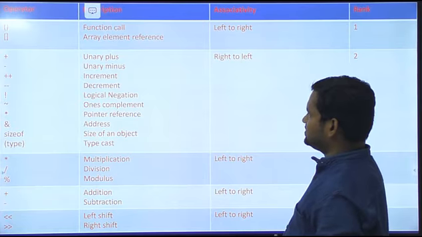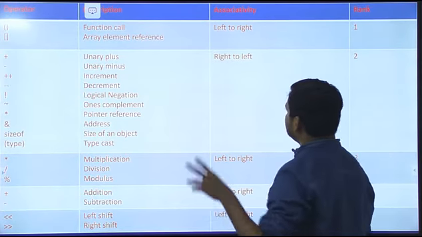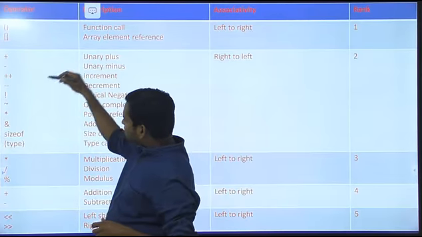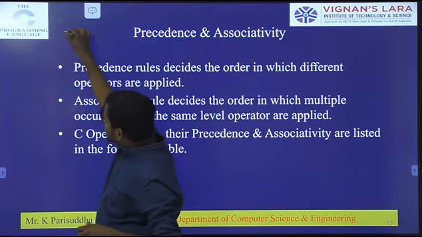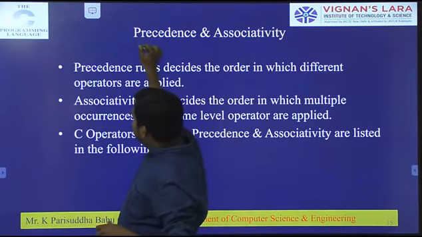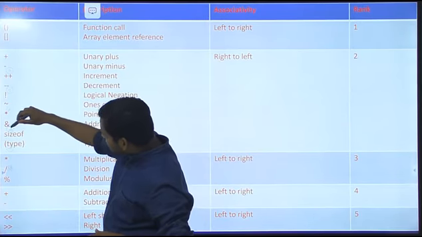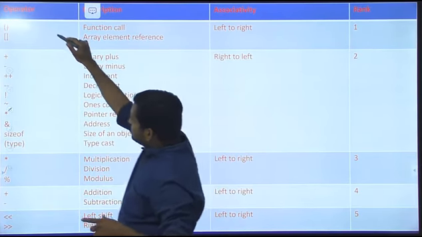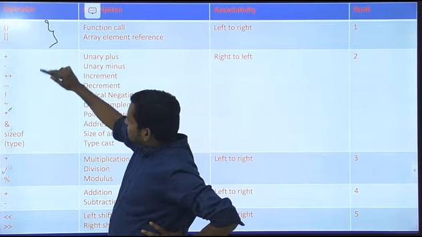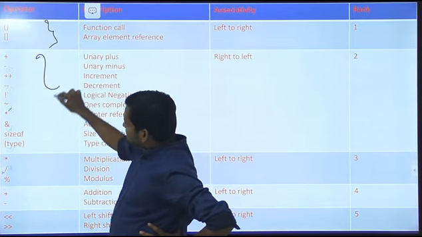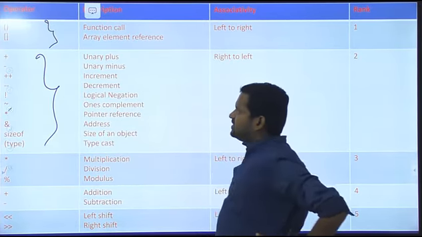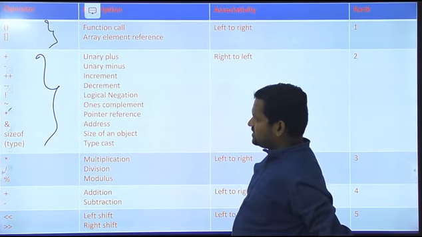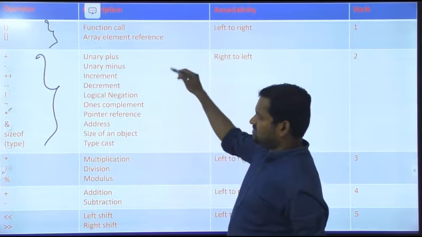Based on the given description of operators, first priority is given to the brackets, the highest priority. After that, the next priority is for unary, increment, decrement, unary plus and minus. All these come under one category.